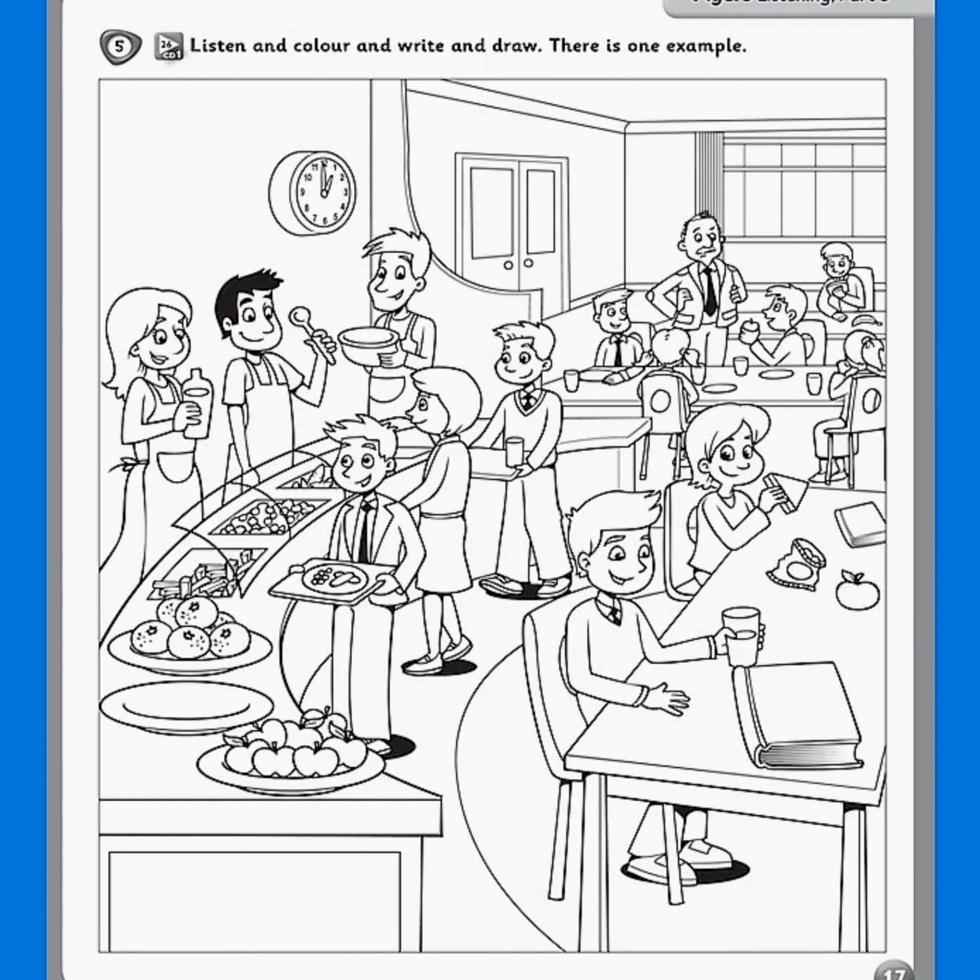Shall I colour the man who's standing behind the food? OK. Colour his hair black. All right. Can you see the man's black hair? This is an example. Now you listen and colour and write and draw.